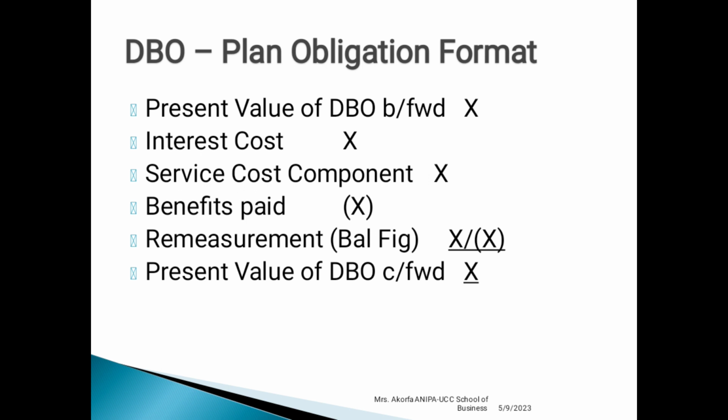Then if there is a remeasurement, that is the balance figure, you bring it here, either a negative balance or a positive balance. Then you get your present value of the defined benefit obligation carried forward.